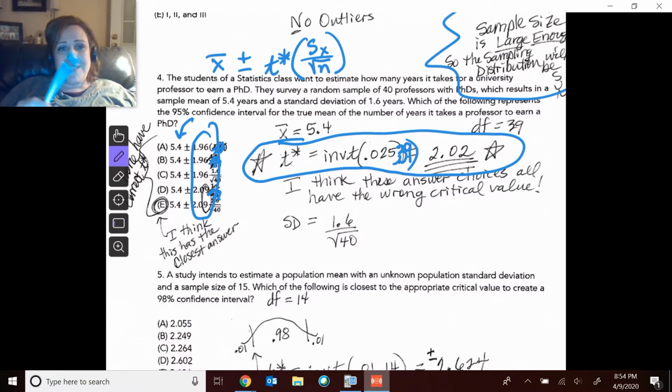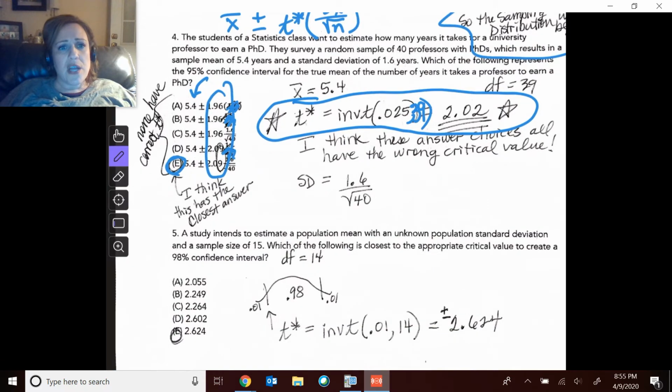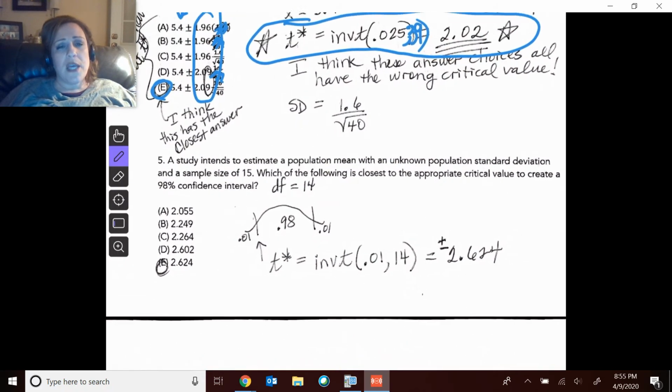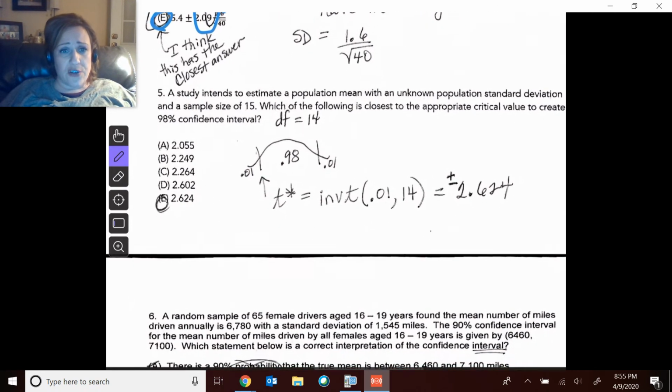So answers D and E weren't right. I tried a whole bunch of other little things so I could maybe see what mistake the people who made these answer choices made, and I couldn't figure it out. So I don't know if it was a typo or what, but I think E is the one that they intended to be the answer. Other than the 2.09 instead of 2.02, it was correct, and had the correct standard error.